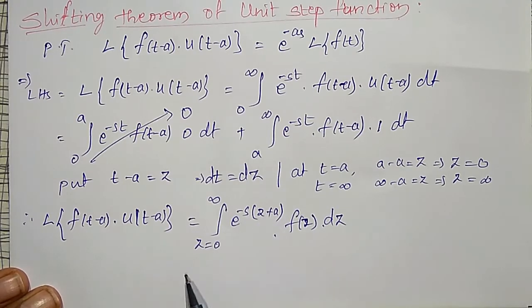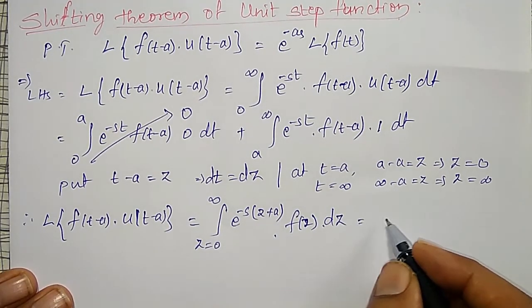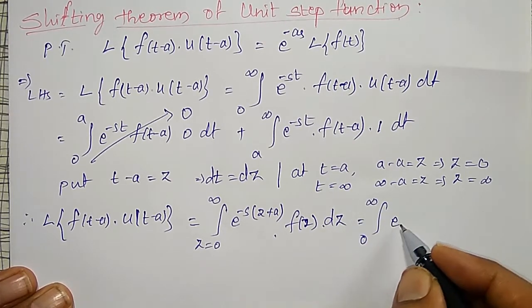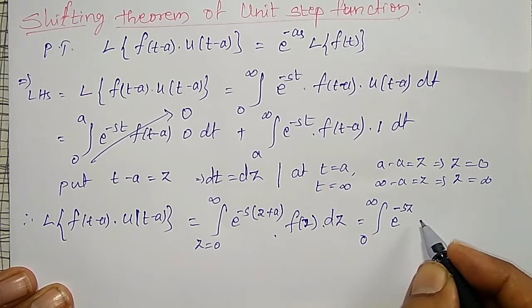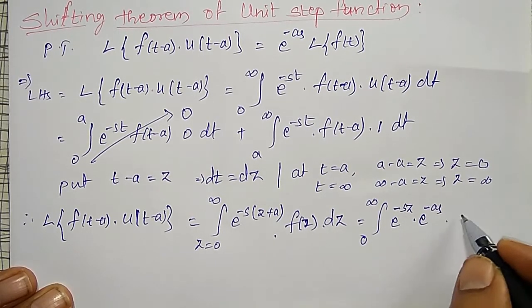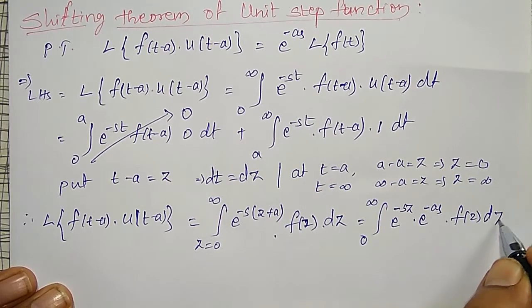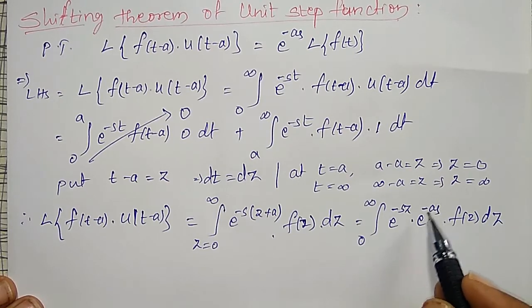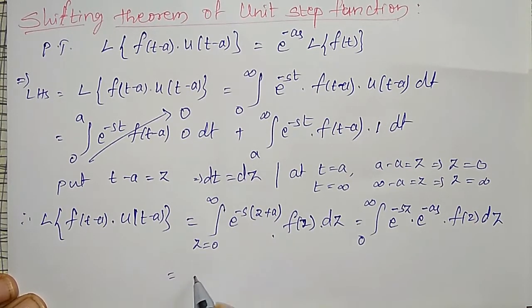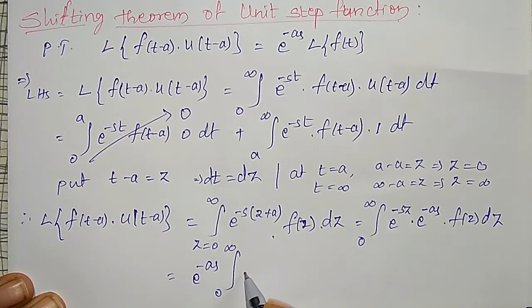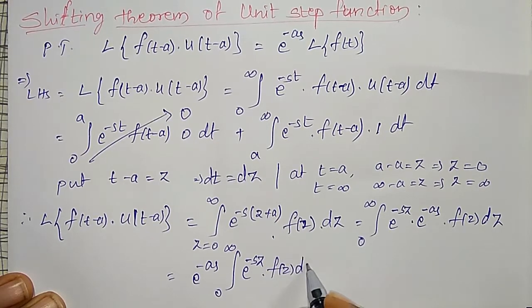And this I can split into two terms as integration from 0 to infinity e to the power minus sz into e to the power minus as into f of z dz, and we are integrating with respect to z. Therefore, e to the power minus as I can write outside, e to the power minus as integration from 0 to infinity e to the power minus sz into f of z dz.